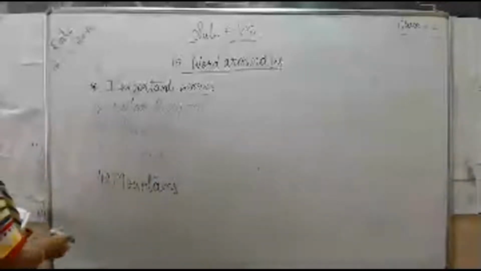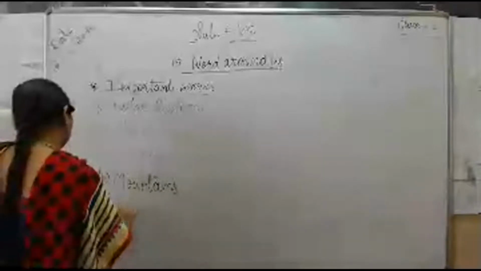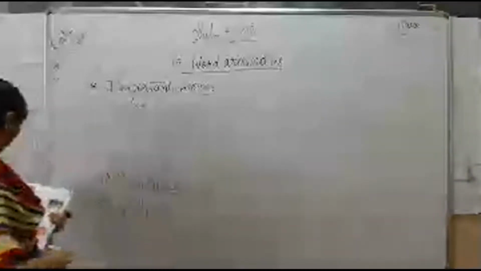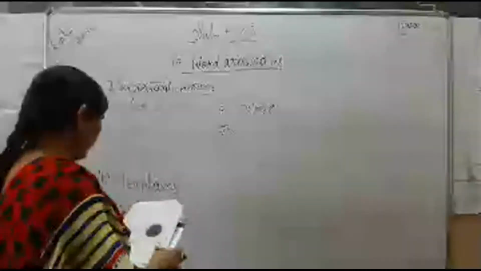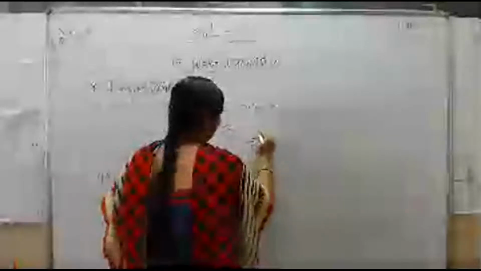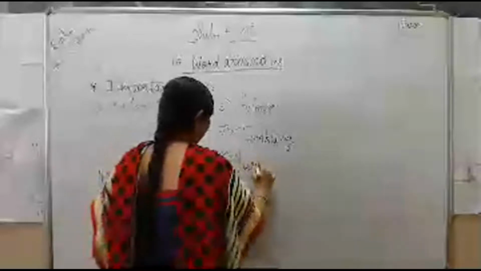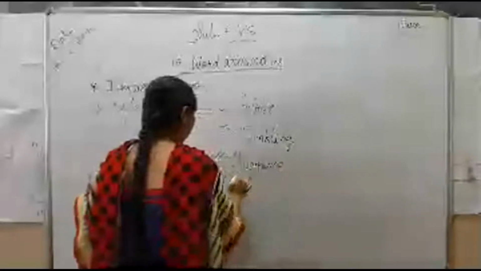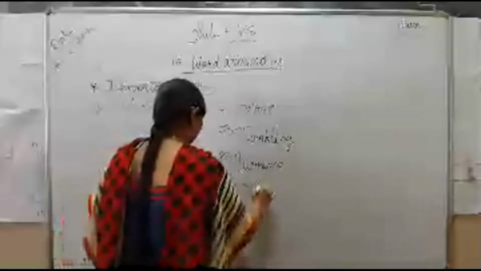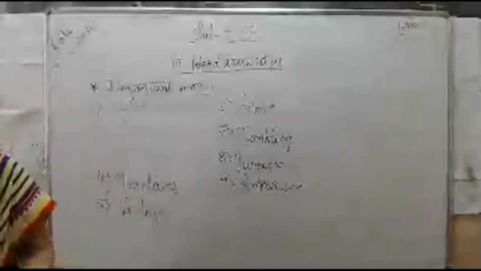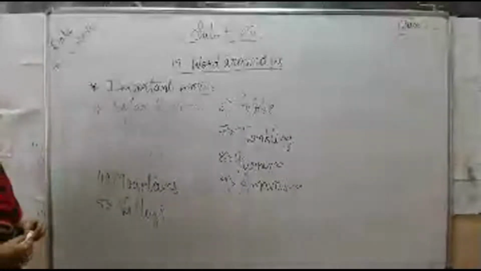Valleys. Globe. Twinkling. These are the important words in this chapter.